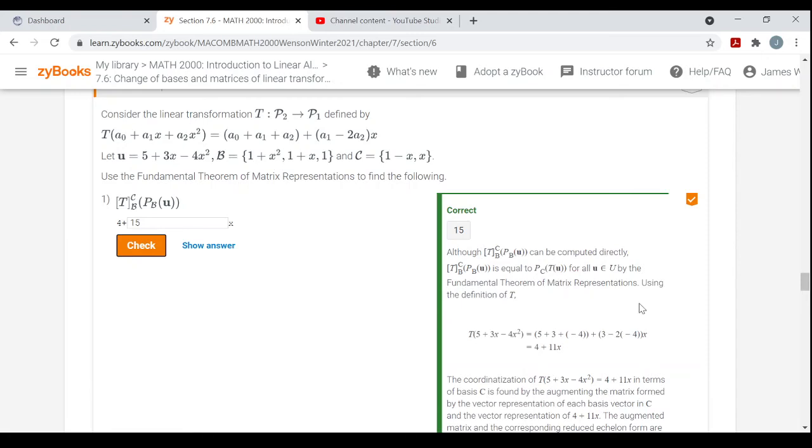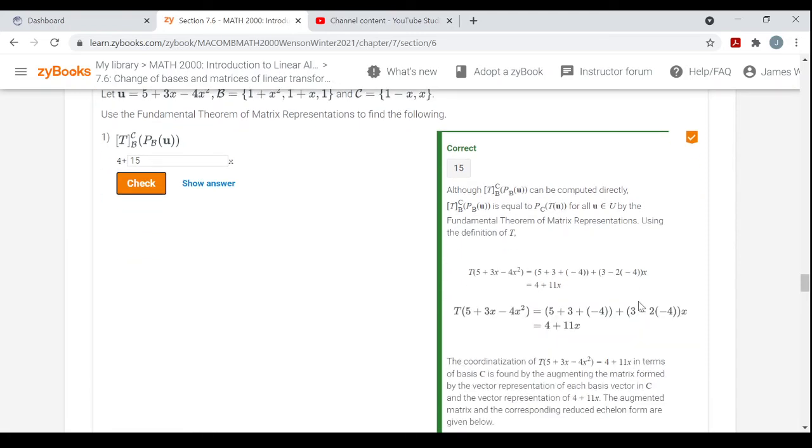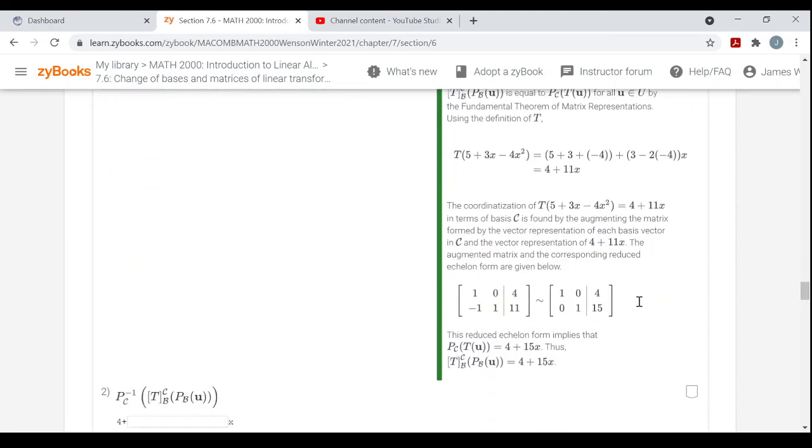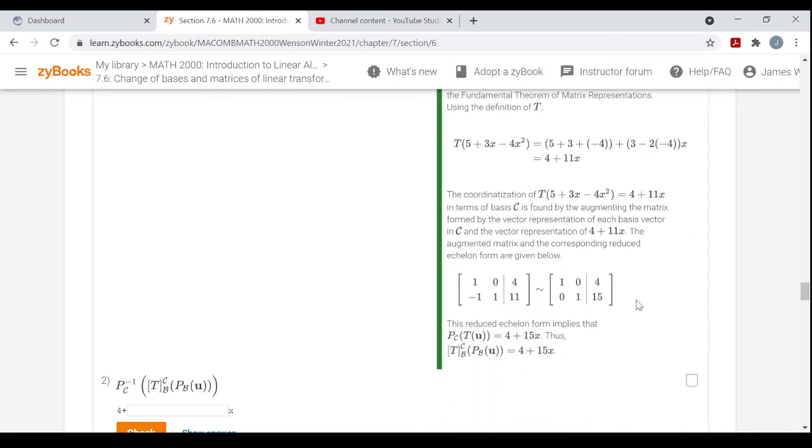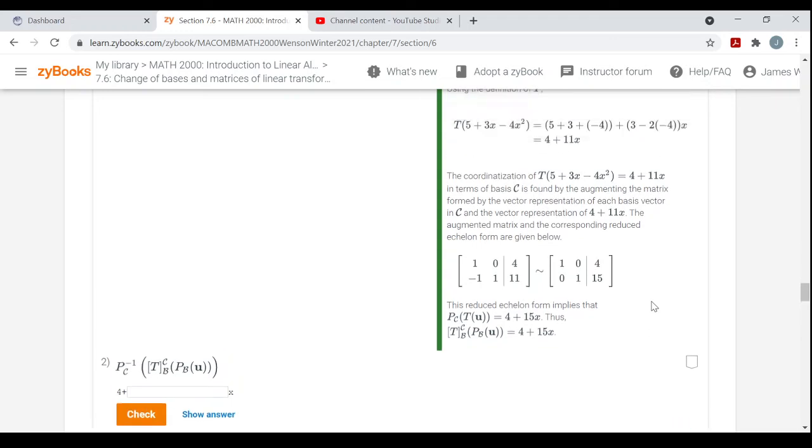No, that's not right. It should be the coordinates.